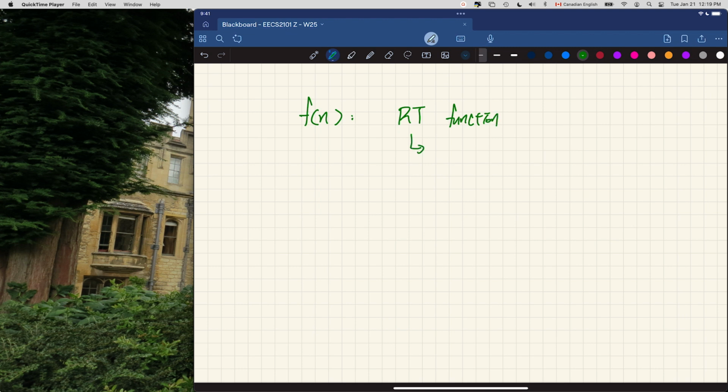What it does is, given the size of input, it's going to return the relative running time. For example, you might say f of n equals 7n minus 2. So f of n is about the actual running time. And you will also see another function there, g of n. This is what I call the reference function.